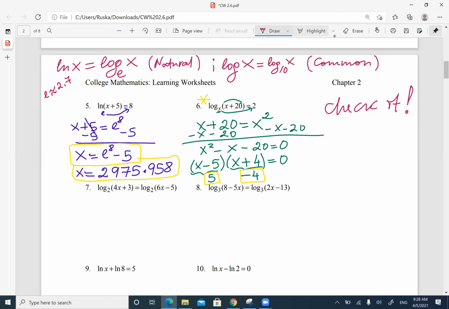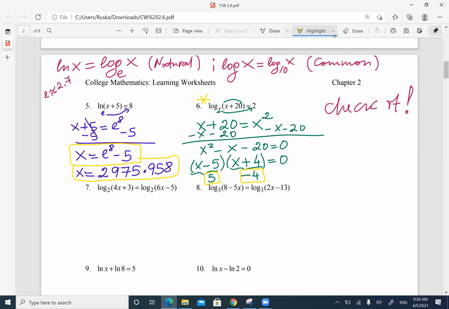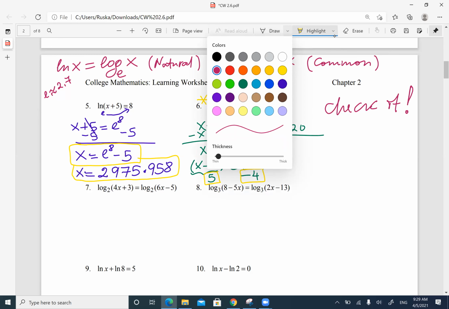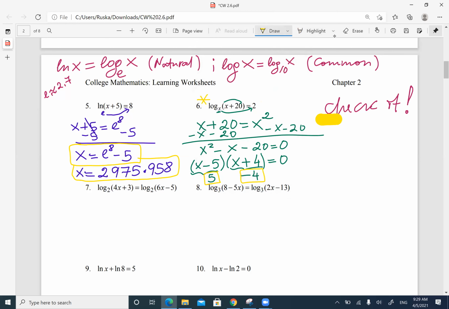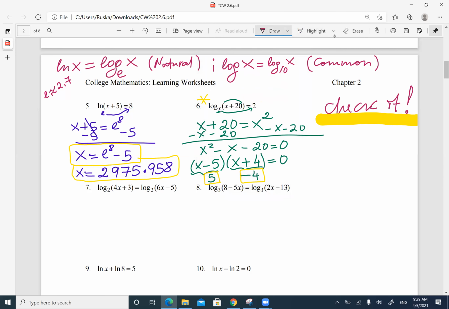So how do you check it? You're going to take 5 and plug it into x plus 20.